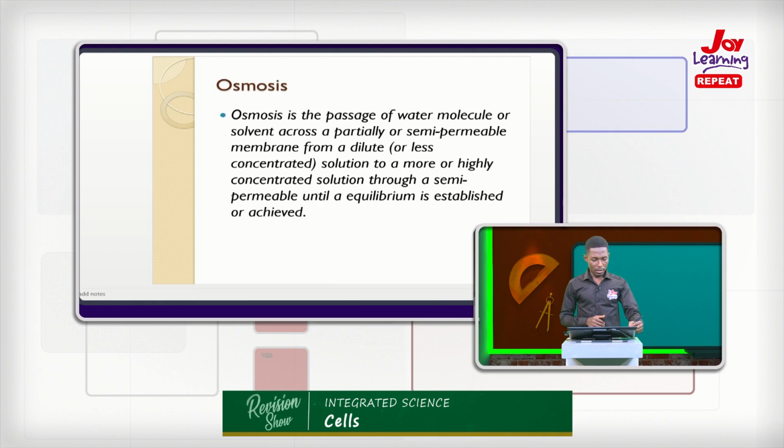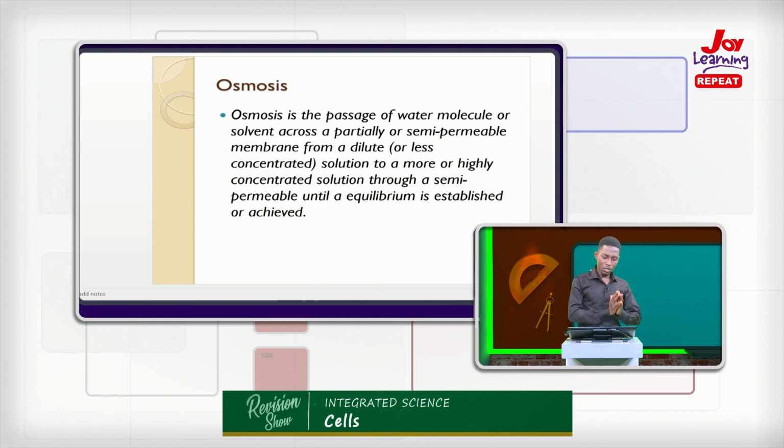And osmosis, which I describe as the movement of water molecules across a semi-permeable membrane from a dilute solution. Yes, again. Osmosis is the passage of water or solvent across a partial or semi-permeable membrane from a dilute solution or a less concentrated solution. And this is where the trick is.